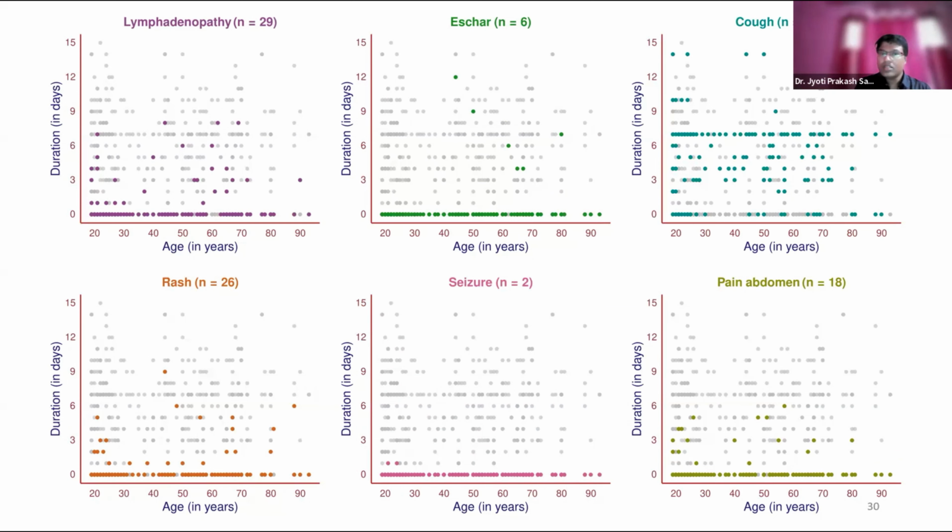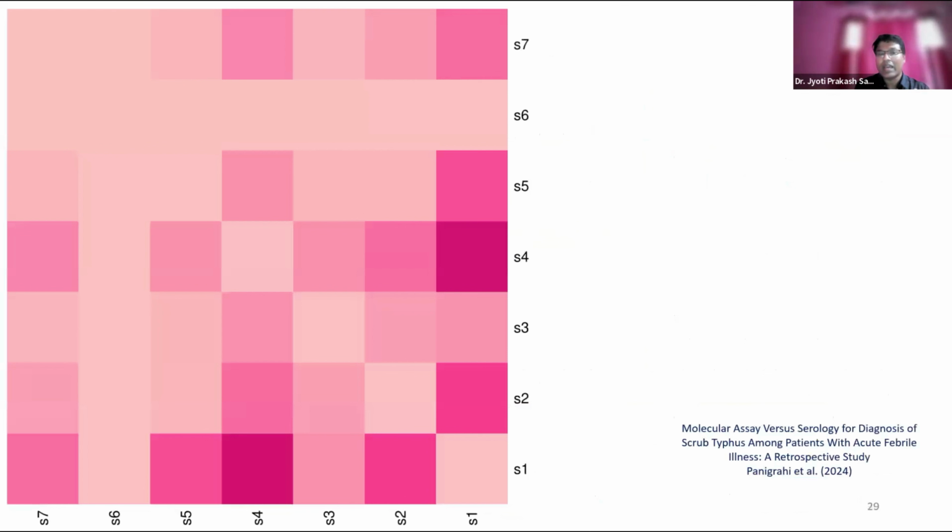So someone might want to know what the co-occurrence pattern of the symptoms is for any two given patients. Like if someone is having lymphadenopathy along with pain abdomen, what is the co-occurrence pattern? That is easily interpreted through this heat map.